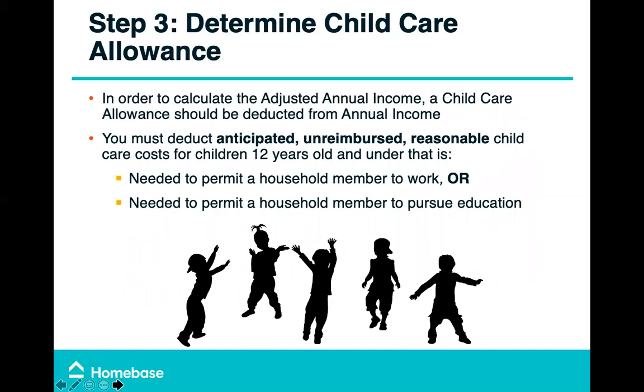Remember that some child care costs are reimbursed by CalWORKs or other sources, so make sure not to count those that are reimbursed again. And one other really important factor here is that the child care allowance cannot exceed the income received from work. So it can't be more expensive to pay for the child care than it is for what you're being paid for your work.